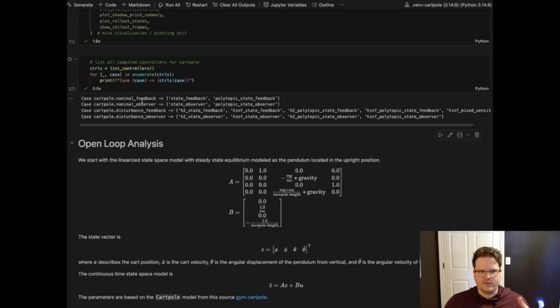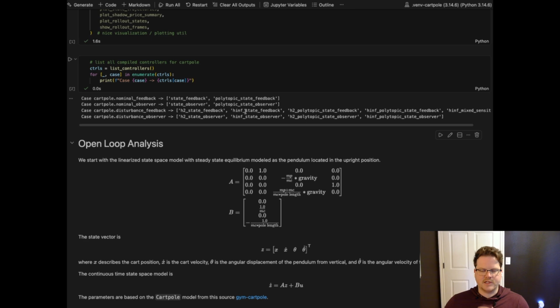So you can see nominal feedback, nominal observer. We have state feedback and the observer variants with the polytopic uncertainty modeling. I'm not going to step into those for this video. I'm mainly doing the state feedback, state observer, H2, and then the polytopic versions.